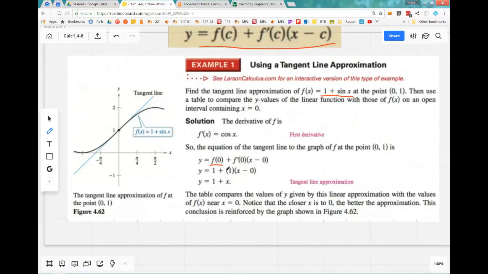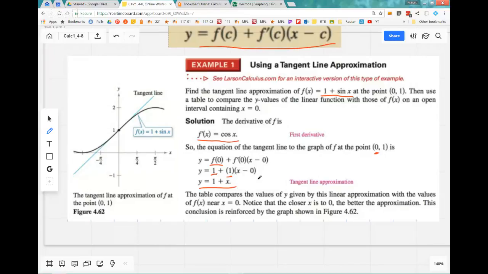And 1 plus 0 is 1. So there's that one. What's the derivative at 0? Well, here's the derivative. What's the cosine of 0? 1. And then times the quantity x minus 0. Why 0? Because we're trying to do it at the point 0, 1. Well, this simplifies to 1 plus x.